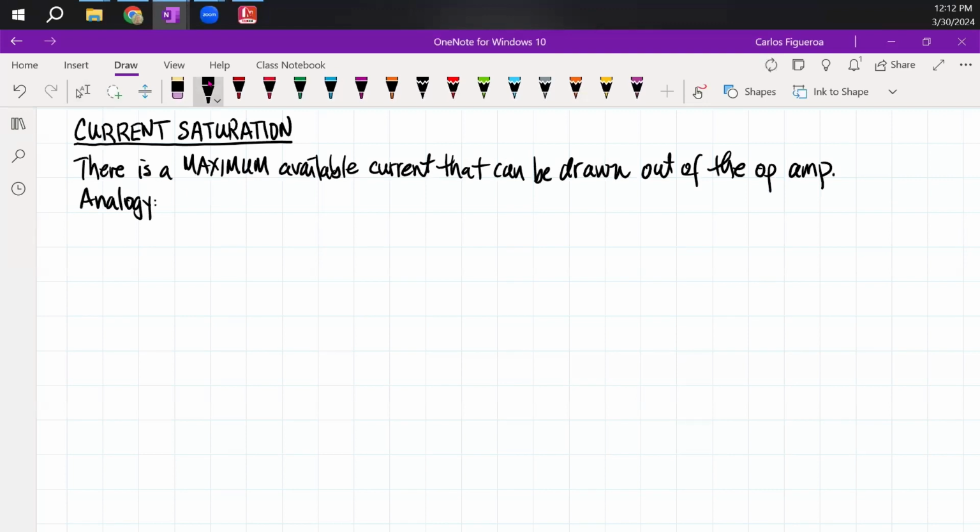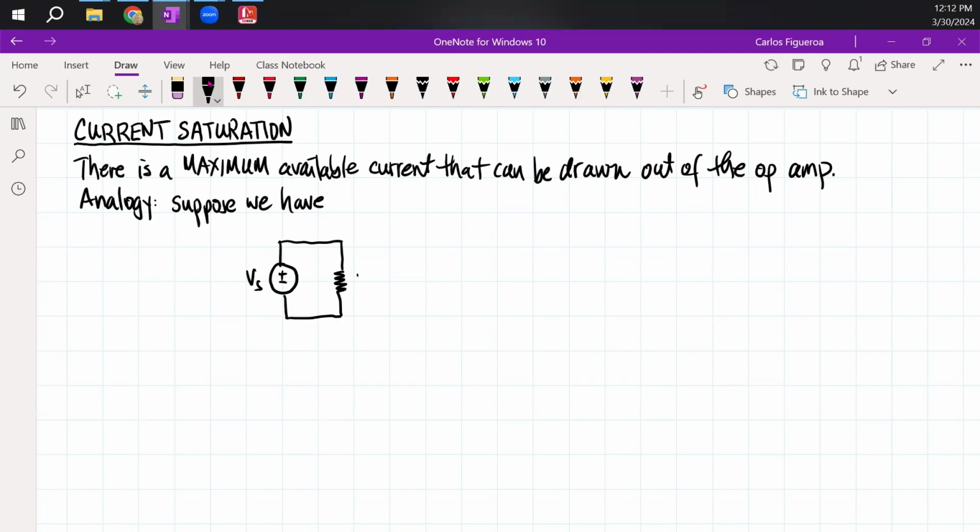In this analogy, suppose we have a circuit that looks like this. So I have a power supply, and there is a decade resistor box.